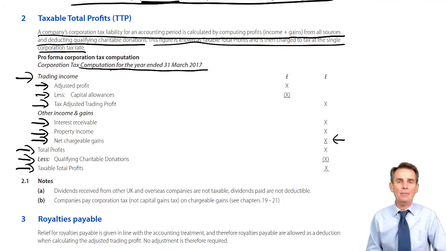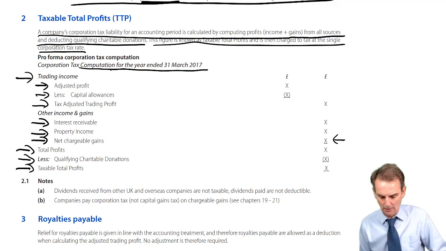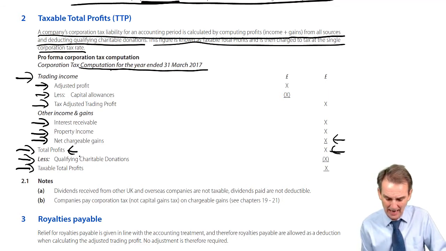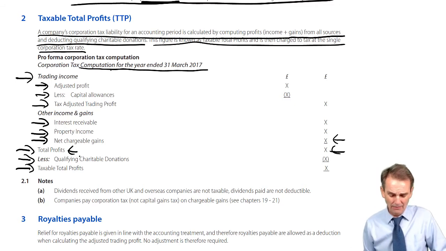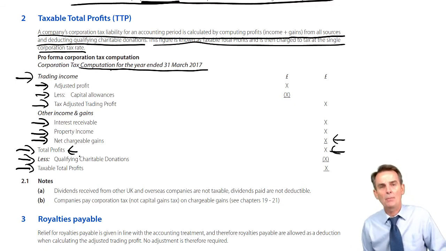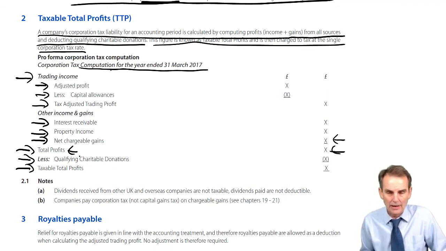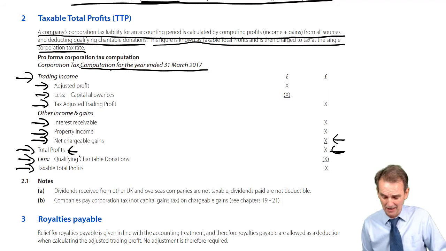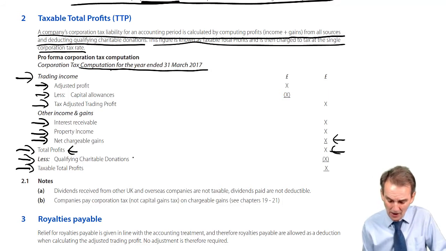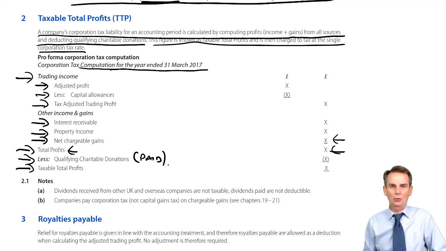And if we add up, therefore, our worldwide income and gains, we get total profits. That term there, total profits. But if, and only if, it doesn't happen all the time, the company made qualifying charitable donations, i.e. a donation to a qualifying charity, then those are deducted not on an accruals basis, because there isn't any such thing as payable.